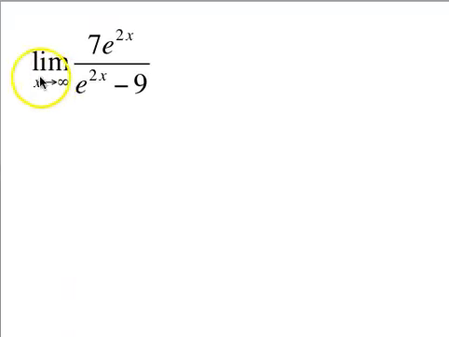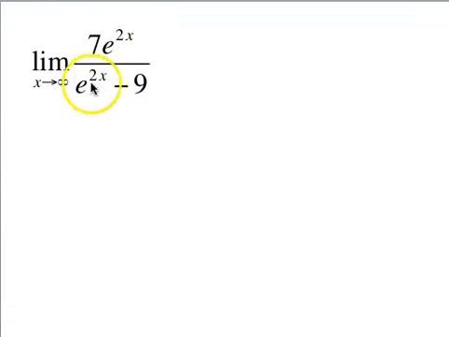So we start with the question, the limit as x approaches infinity of 7e to the 2x over e to the 2x minus 9. X is getting very, very large. If x is large, 2 times a large number is very large. E to a large number is very, very large, and 7 times that is also ridiculously large. So the numerator is trending to infinity.